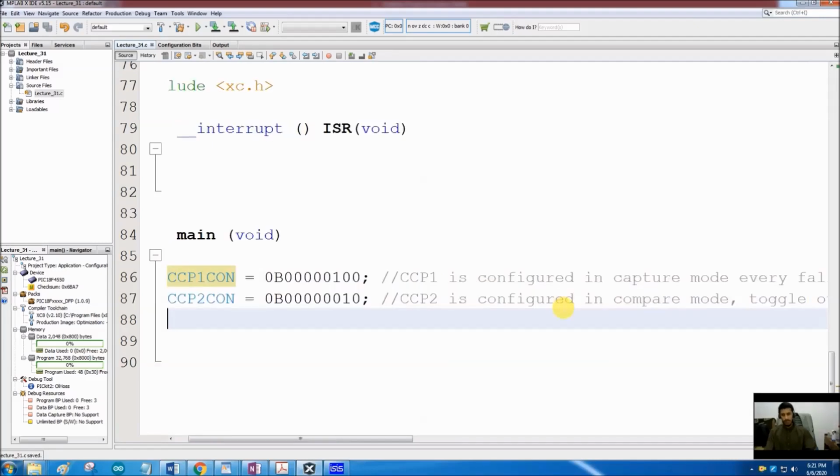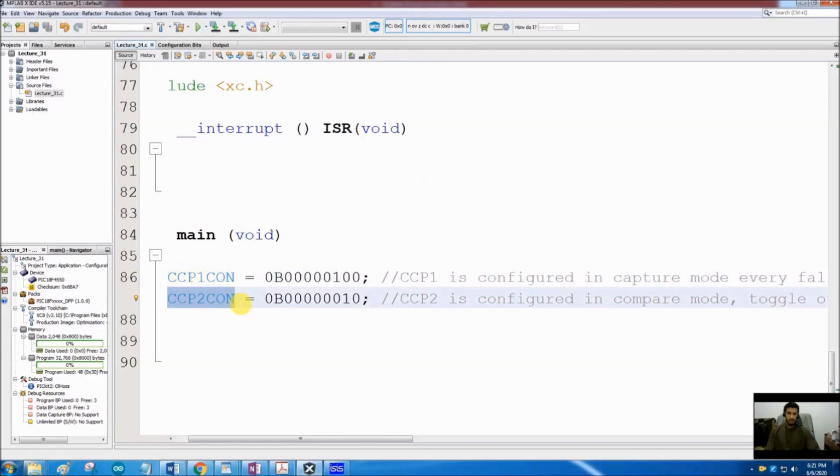What do we want to do next? We have to set the associated pin for CCP1 as input and for CCP2 as output, because in case of capture mode we are taking input from an external pin, and in case of compare mode we are sending an output to an external pin, and some fixed pins are associated with these two modules, CCP1 and CCP2.